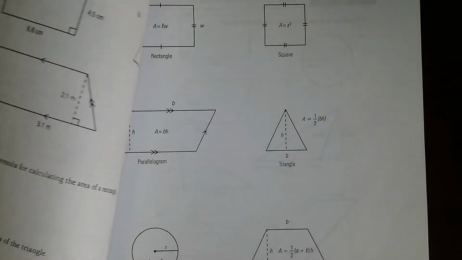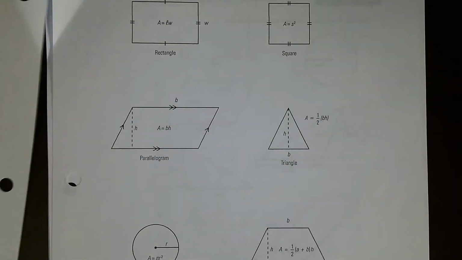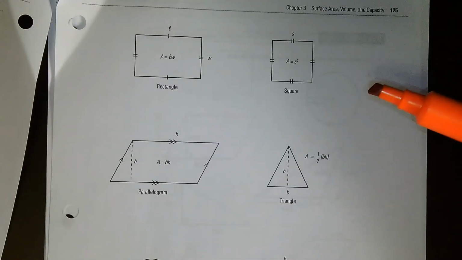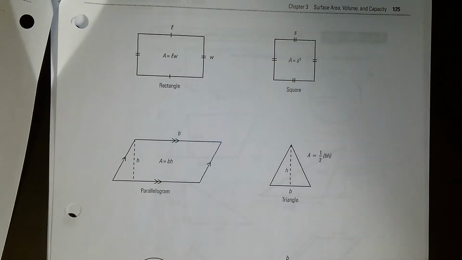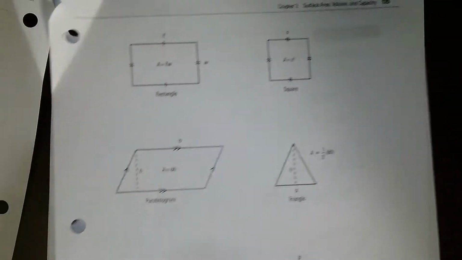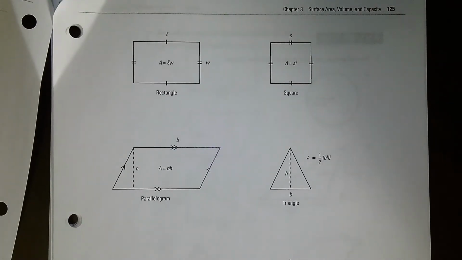I'm going to flip over the page here. There are some quick examples, example 1, and then it gives you this page of formulas. If I were you, I would either take it out like I did so that it's easy to access, or start making a sheet where you can have all of your formulas and things like that.